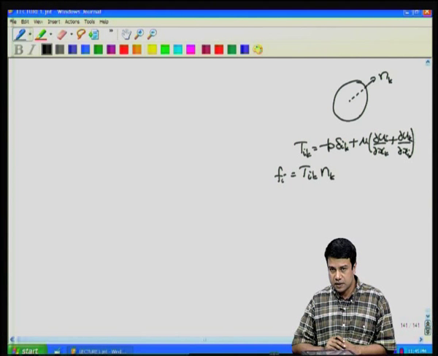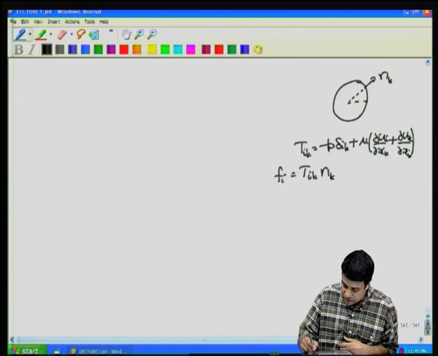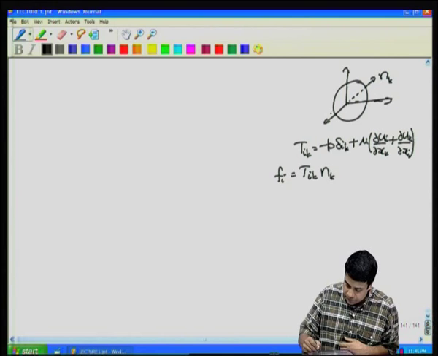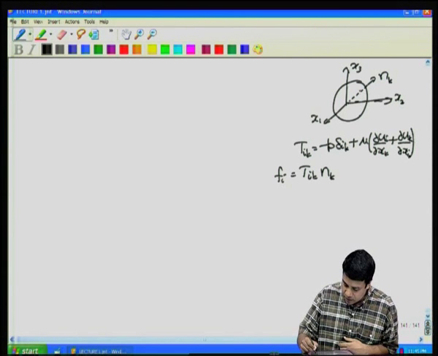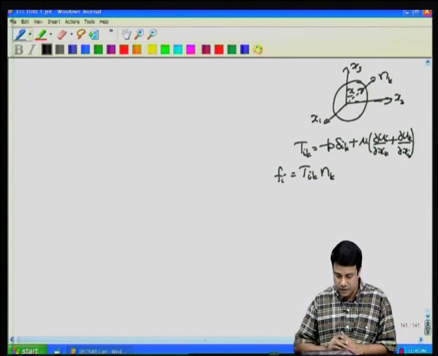For this particular case, the unit normal is also equal to the displacement vector divided by its magnitude. Since I fixed the origin at the center of the sphere, the position vector anywhere on the surface is just x vector. The unit normal is x vector divided by its magnitude.